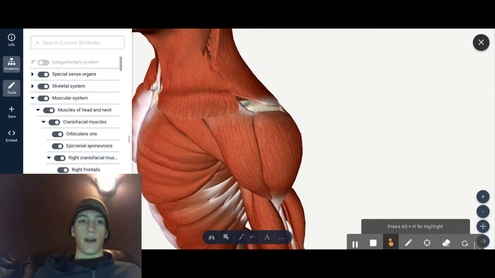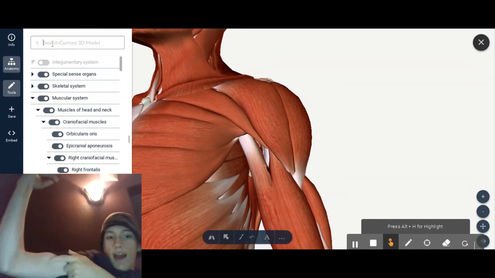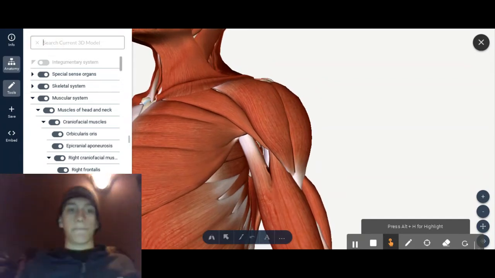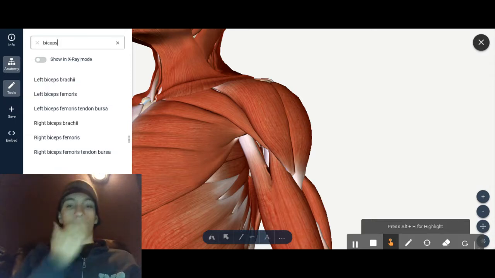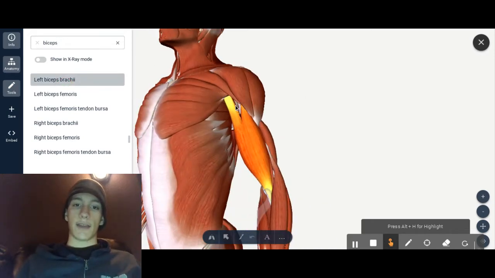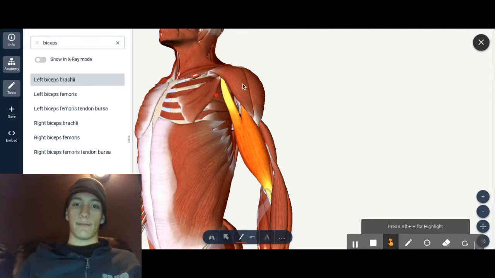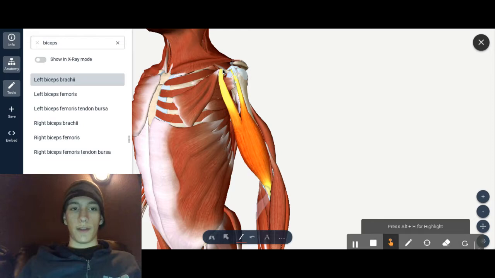All right, so first up, when we're talking about your arms, is this guy, the biceps brachii. And it's spelled thusly: biceps brachii. So biceps means two origins. See how it kind of branches here? It goes to two different spots on your bones.